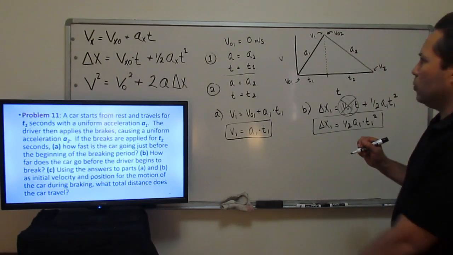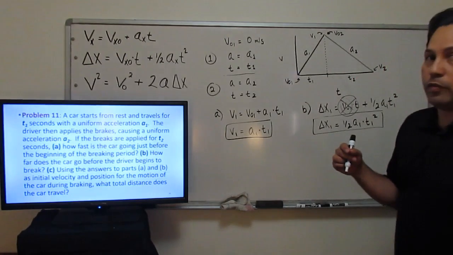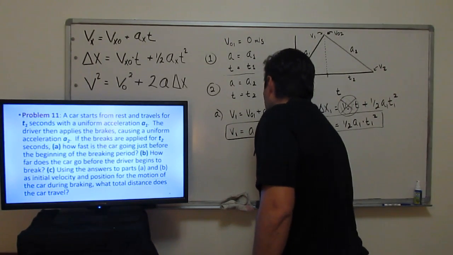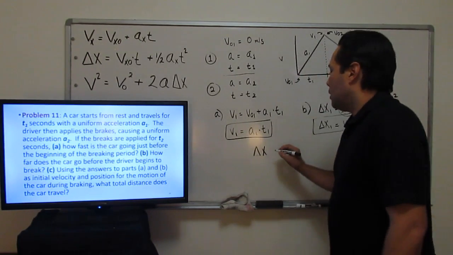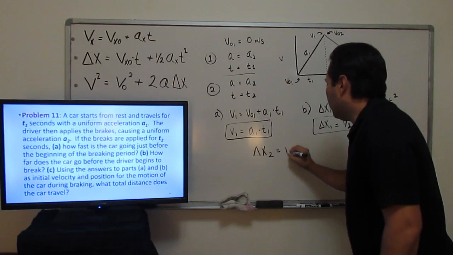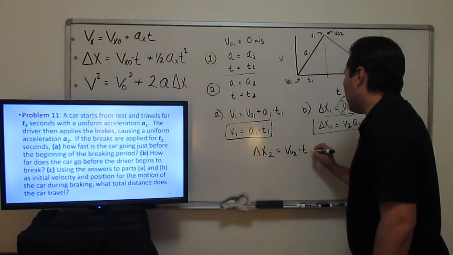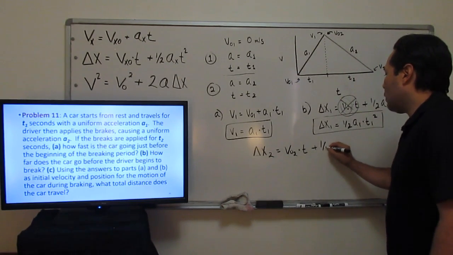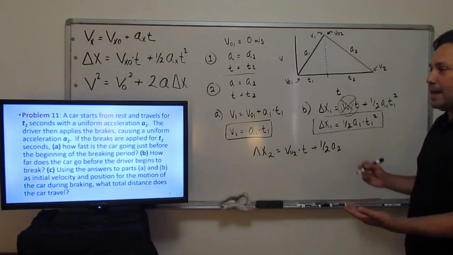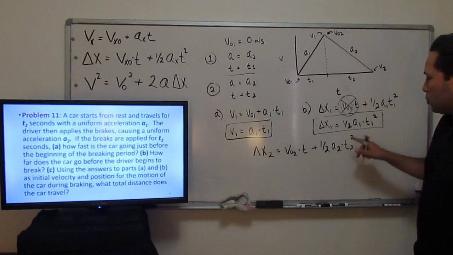We're going to use this formula again, but remember it's for the second part of the journey. So it's going to look like this. Second part of the journey is VO2 times time plus 1/2 acceleration 2, which is the negative acceleration to get the car to brake, and the amount of time it took 2 squared.